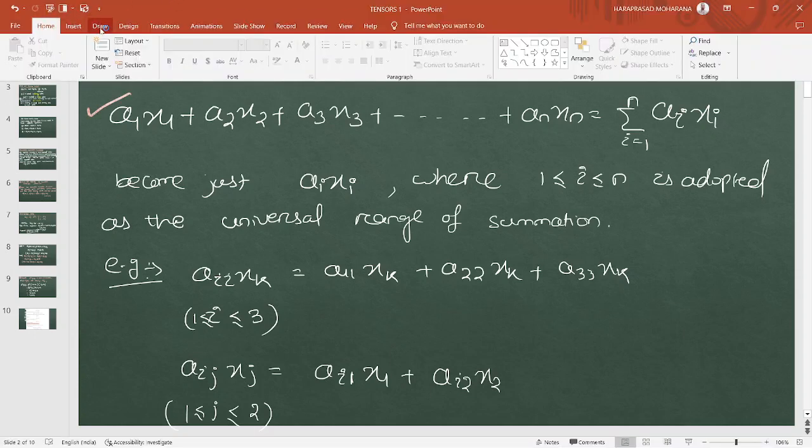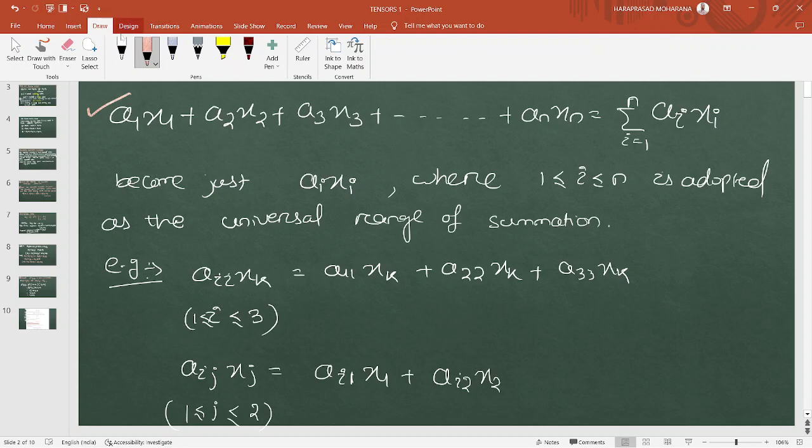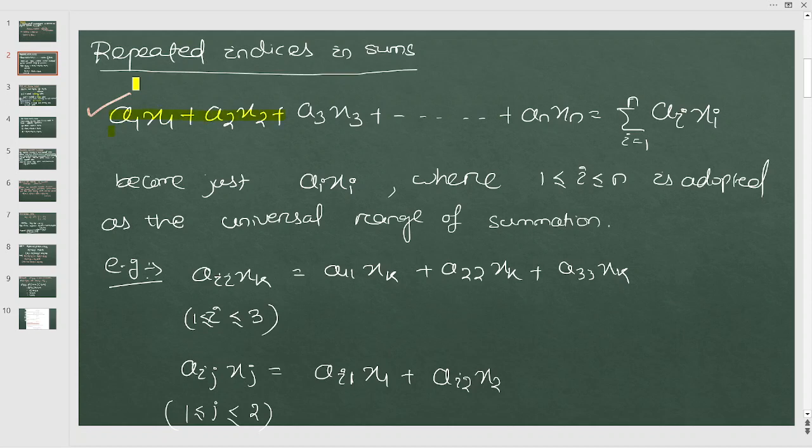When you are writing an infinite series or a few series-like things, in order to write these kinds of things, we use summation. What Einstein did in his theories and papers was to neglect the summation sign, so this becomes just a_i x_i, where i varies from 1 to n.